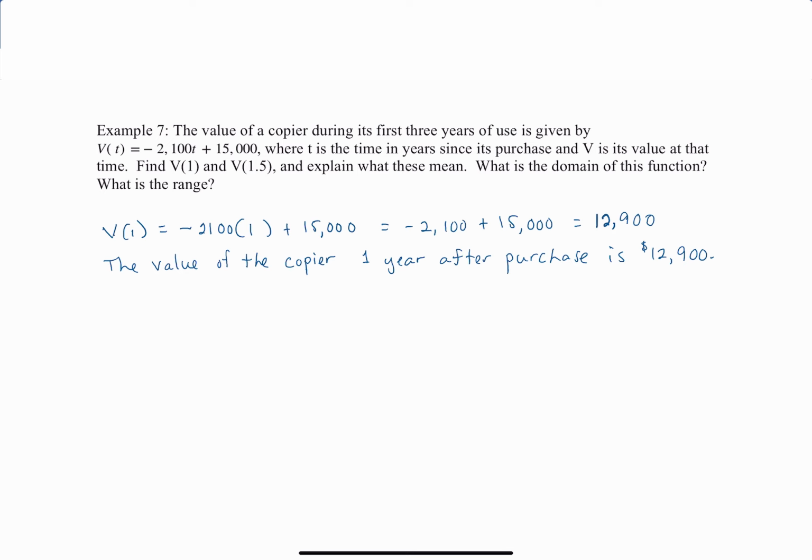What's V(1.5)? Again, to evaluate a function, we're going to plug that number in for the variable. I think I explained this before. One way of doing this, if you have trouble evaluating functions, is to put empty parentheses where the variable was in the formula, and then you just put the number in wherever you have empty parentheses. That gives us -3,150 plus 15,000, which gives us 11,850.